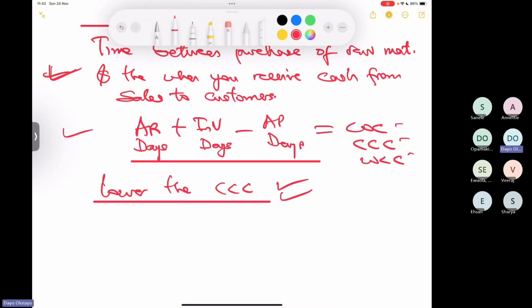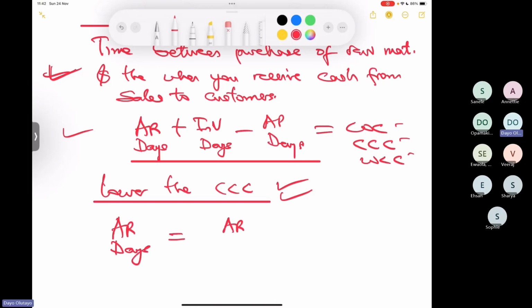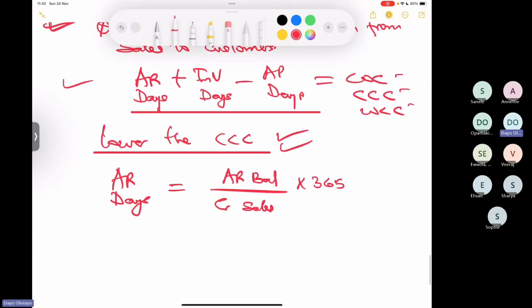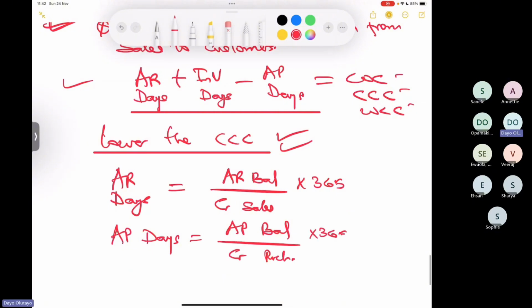Okay. So which means you need to know how to calculate AR days, which is your AR balance divided by credit sales multiplied by 365. And likewise, your AP days, AP balance over credit purchases or cost of sales multiplied by 365.